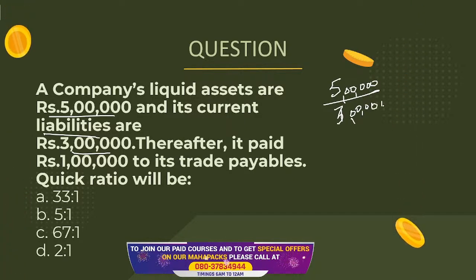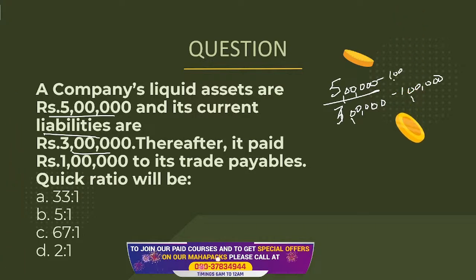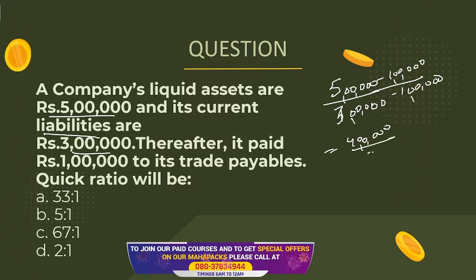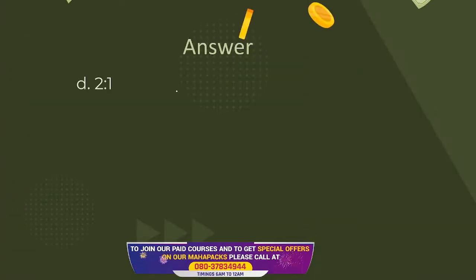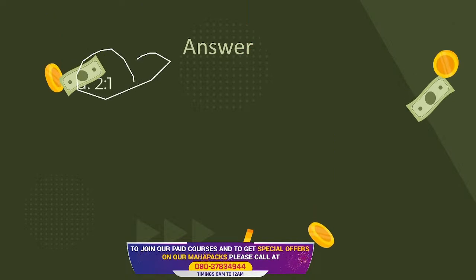Out of 3 lakh, we have paid 1 lakh, and cash is also gone. One creditor is gone, the cash is also gone for the same. So it's going to be 4 lakh divided by 2. So it's going to be 2:1, because quick ratio is quick assets divided by current liabilities. So that's the answer.